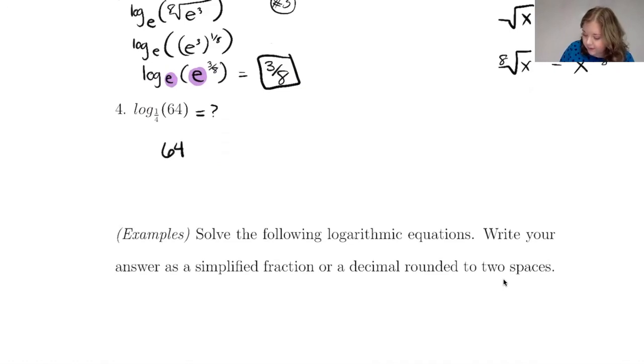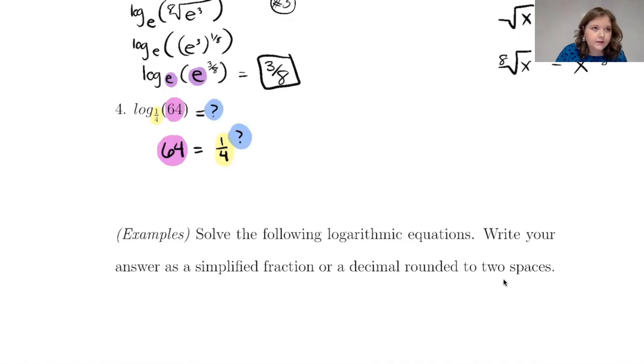So 64 equals 1/4 to our mystery power, question mark. I'm just highlighting every time so you know which property I'm using there. Now we will try to use the exponential property of equality by setting them both as the same base to a power and then setting the powers equal to each other.